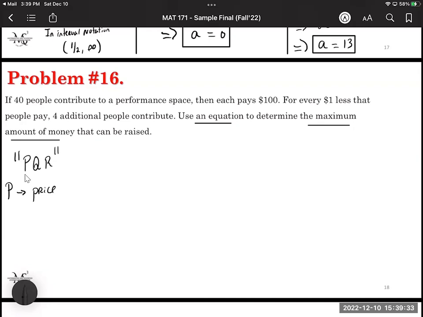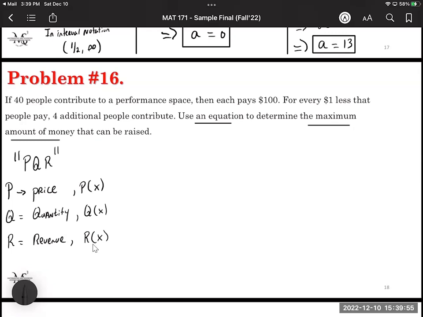What does Q stand for? Quantity. And R stands for? Revenue. So what we're going to have to do here is write a price function, P of x, a quantity function, Q of x, and a revenue function, R of x.